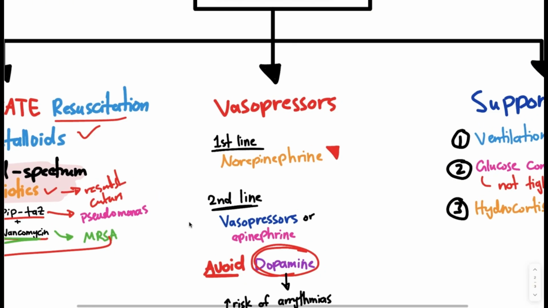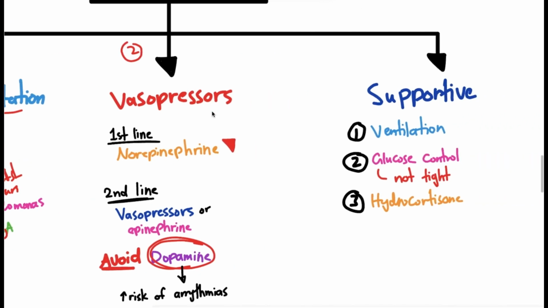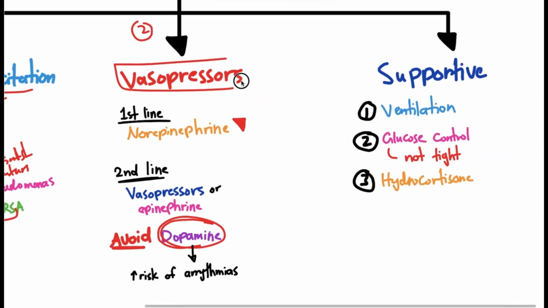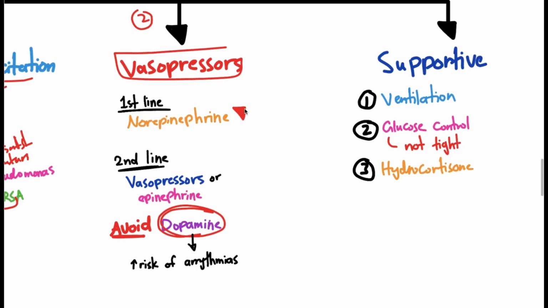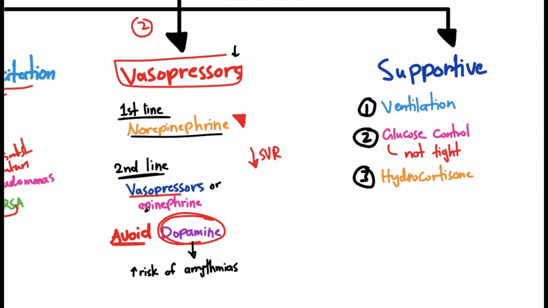Next, we have vasopressors. The second thing that we do in the treatment, we resuscitate, and then we give vasopressors. So for vasopressors, the first line is going to be norepinephrine. I'm not sure if this should have been called vasopressors, but the thing is that we don't start really with vasopressin. We start with norepinephrine. If we have constantly low blood pressure, low systemic vascular resistance, then we go with vasopressin or epinephrine.